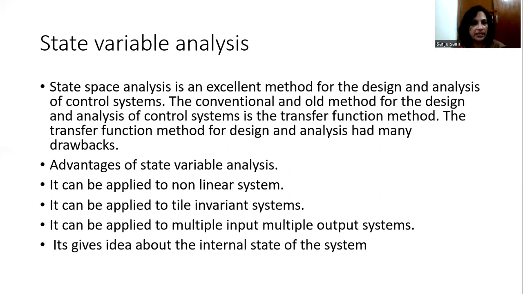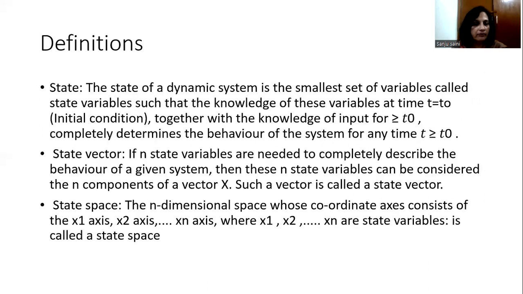In state variable analysis, it is up to us to define the variables which are representing the state of the system at any time. So we can get an idea of the internal state of the system at any time. Then what is state? Basically, we are seeing the state model.